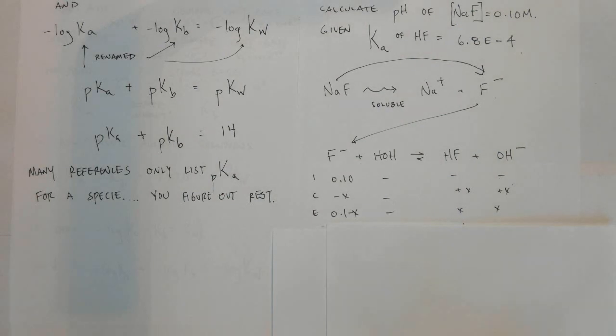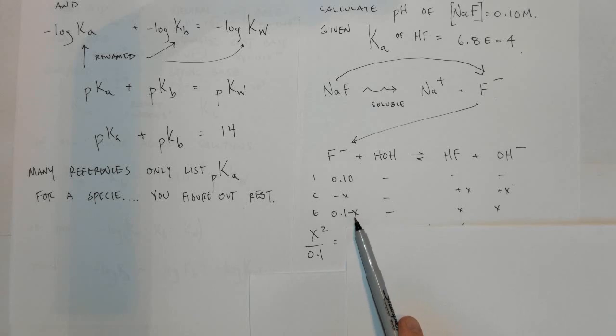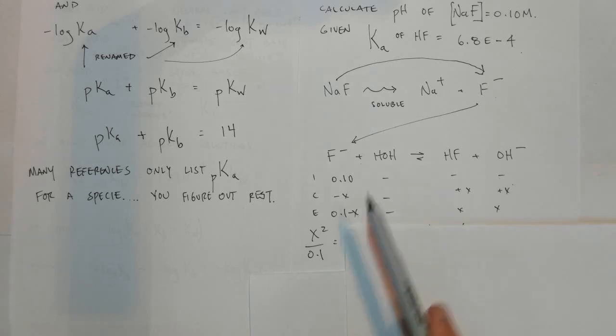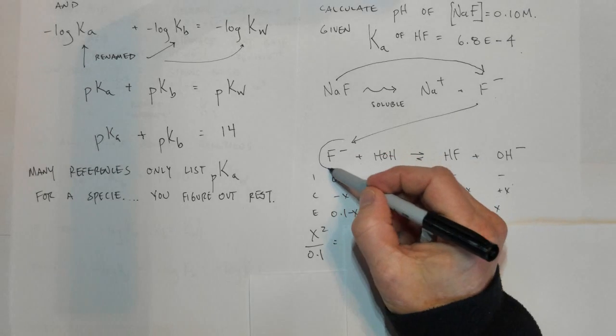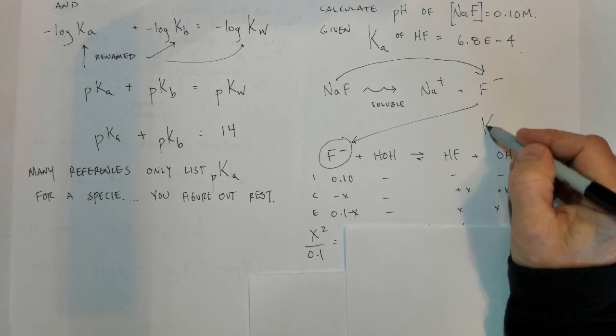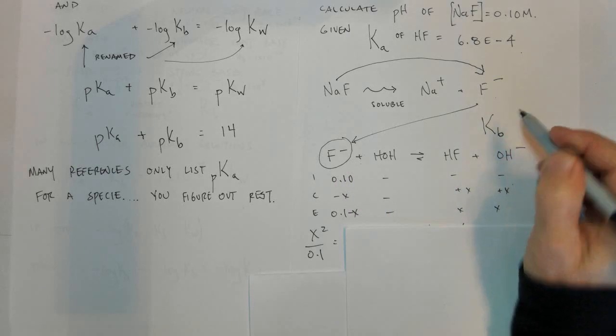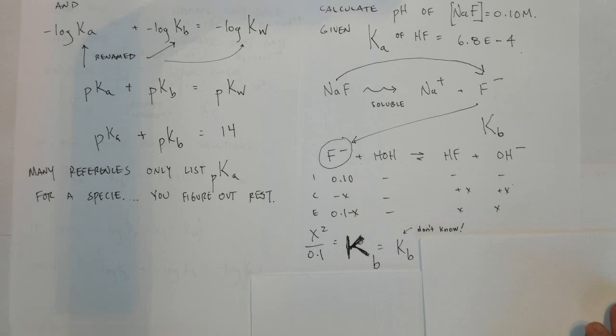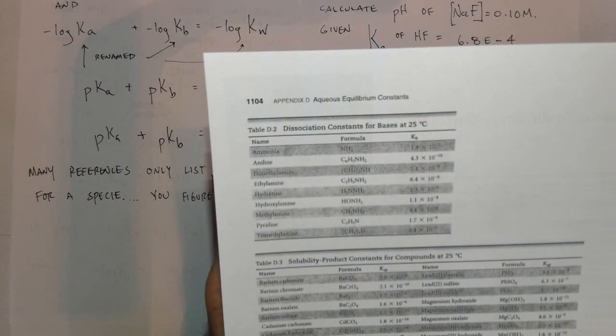So let's write an equation in terms of the K, and the K would be x squared divided by 0.1, because we're going to ignore this x, and this would be equal to the K of F-, and F- in this case is acting as a base, so this would be equal to the Kb. And we don't know the Kb of F-, and I don't think it's even on the Kb listing sheet right here.